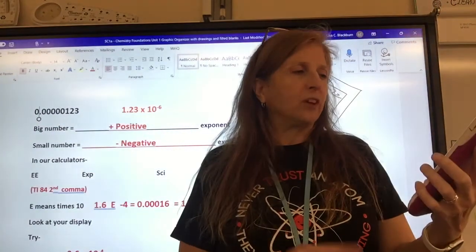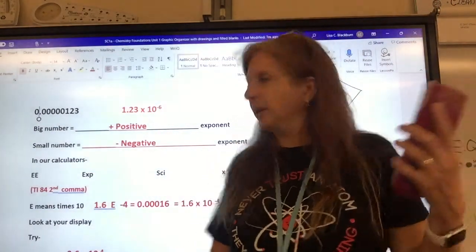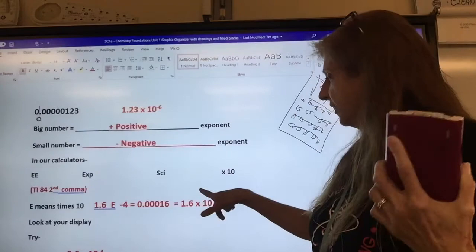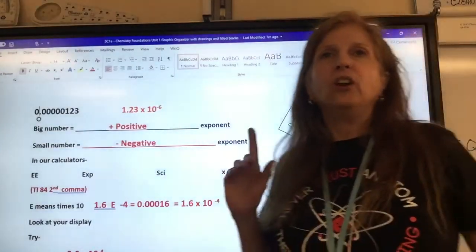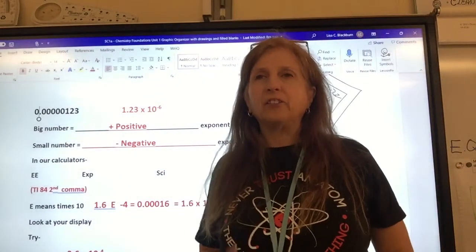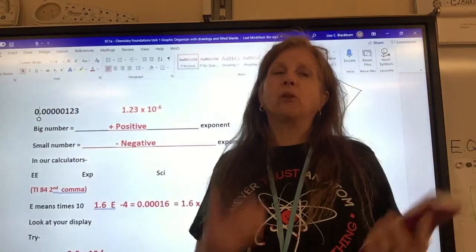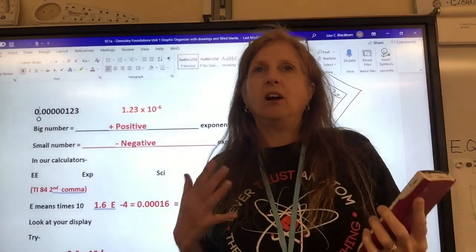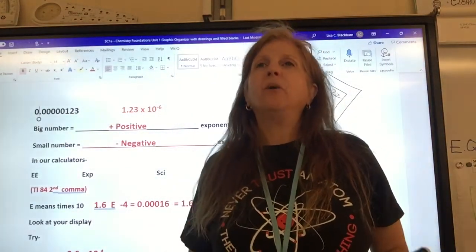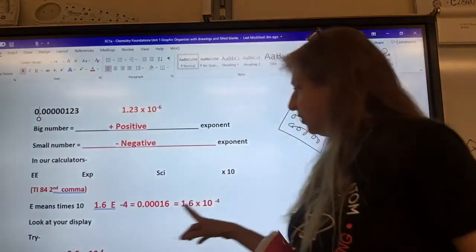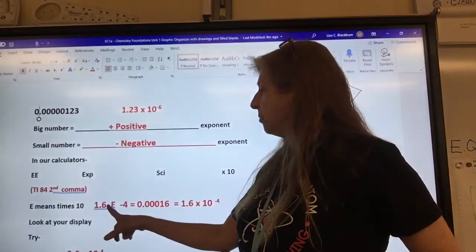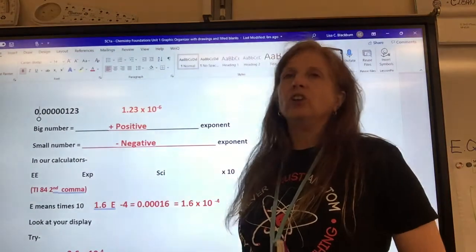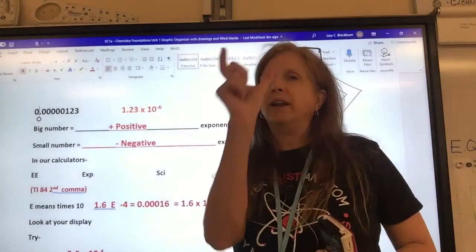Now, some of you are thinking, well, I'm just going to put it in my calculator this way, 1.6 times 10 to the -4th. Don't do it. I know it's tempting, but it will give you the wrong answer often. The reason why is because if you put it in the right way, 1.6 E -4th, your calculator knows that's one number.